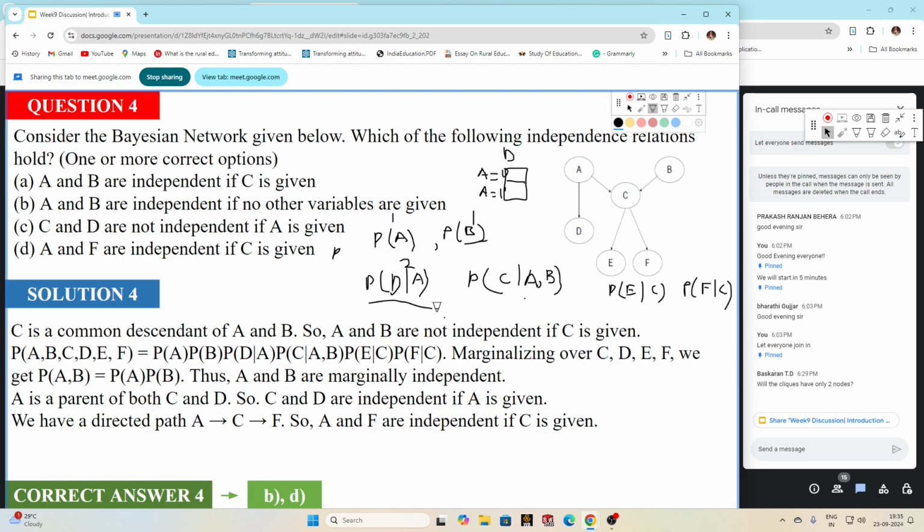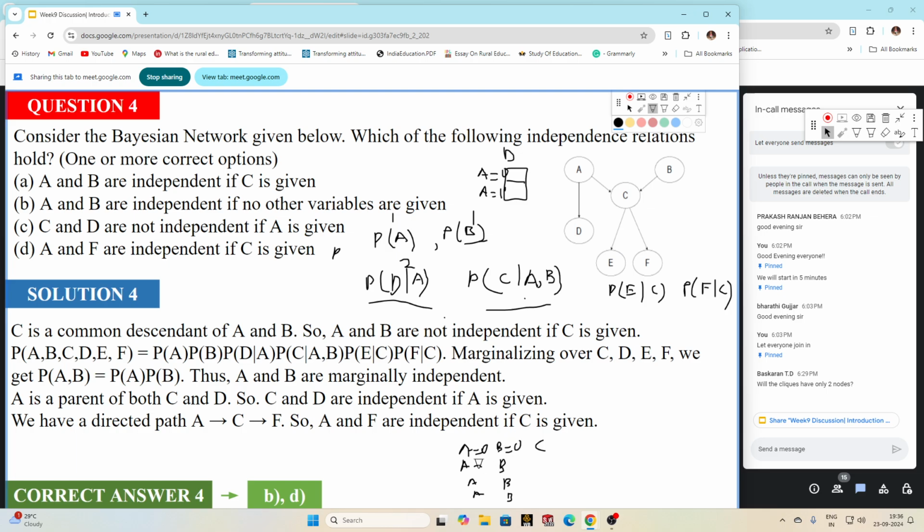Now what about C given AB? When we write C given AB, we have to find C, and given A and B there will be cases for A and B: 4 cases. First case is both are 0, this is 0 and this is also 0.